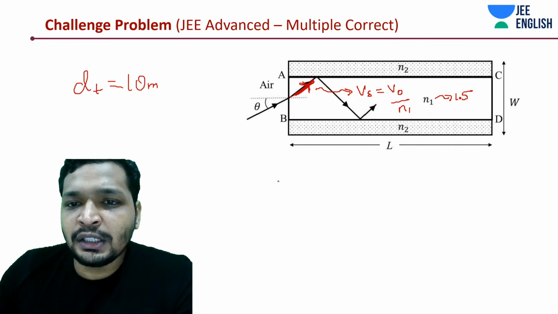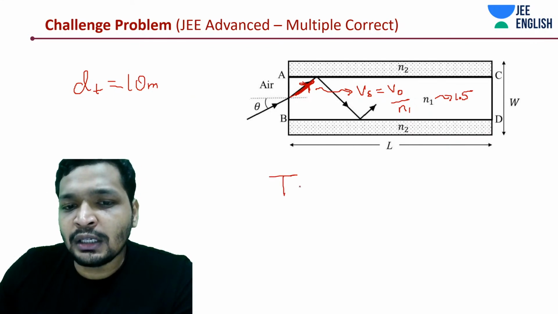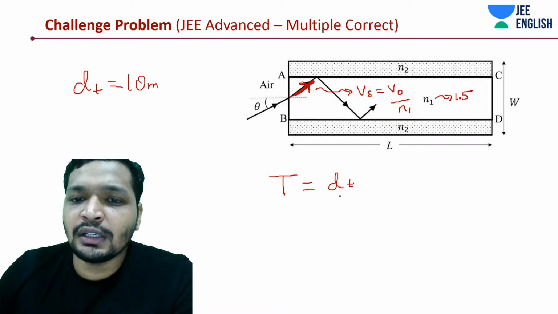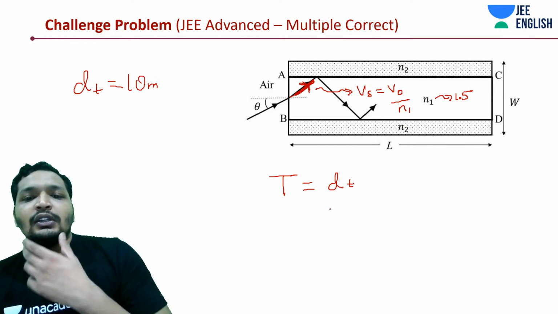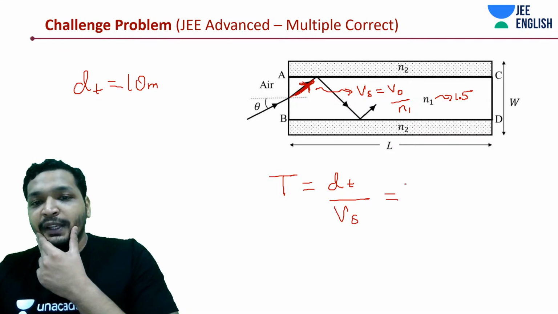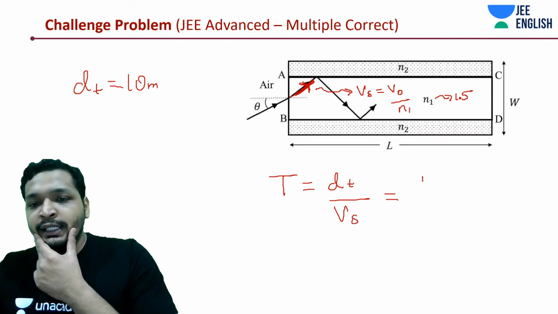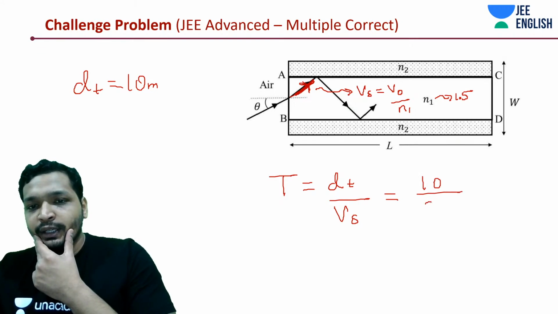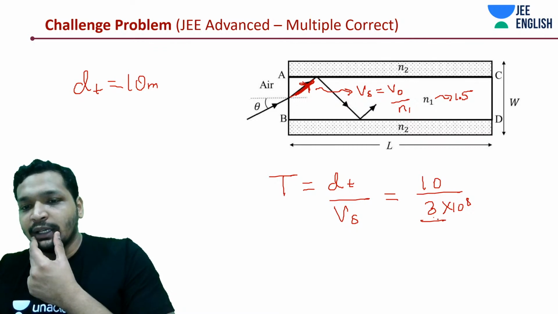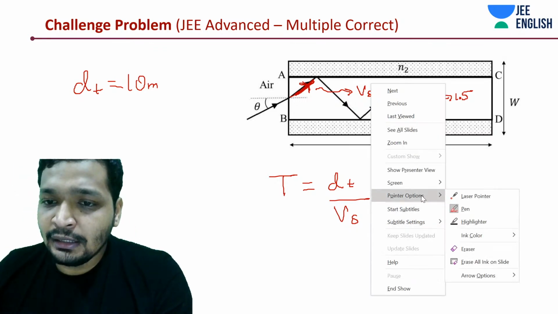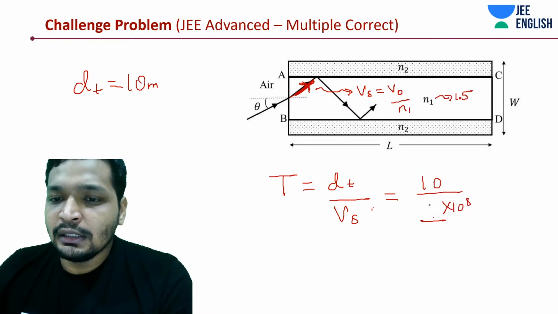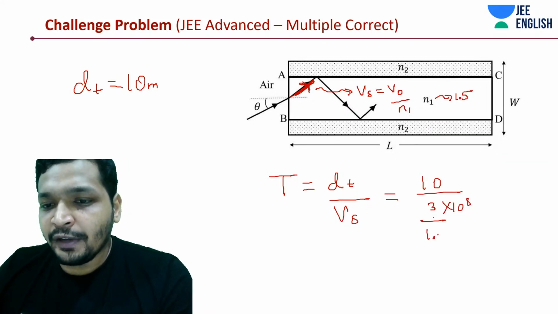So what would be the total time taken? Total time is equal to distance by speed. Sorry, distance by speed, and this would be 10 meters divided by 3 into 10 to the power 8, which is nothing but the speed of light in vacuum or air, divided by 1.5.